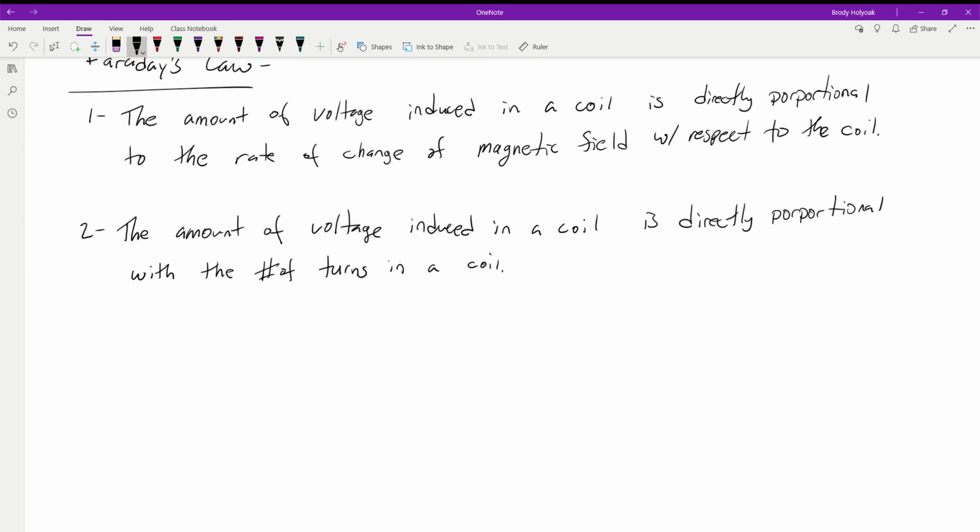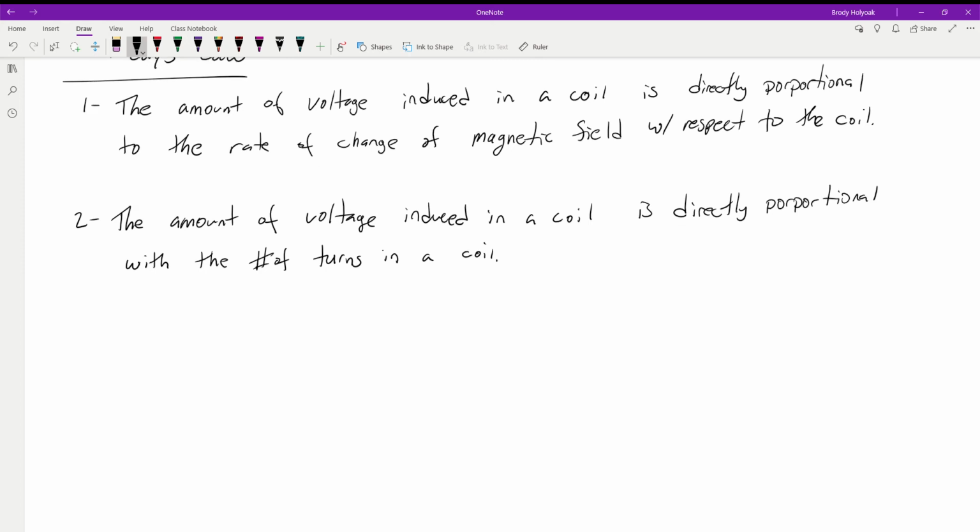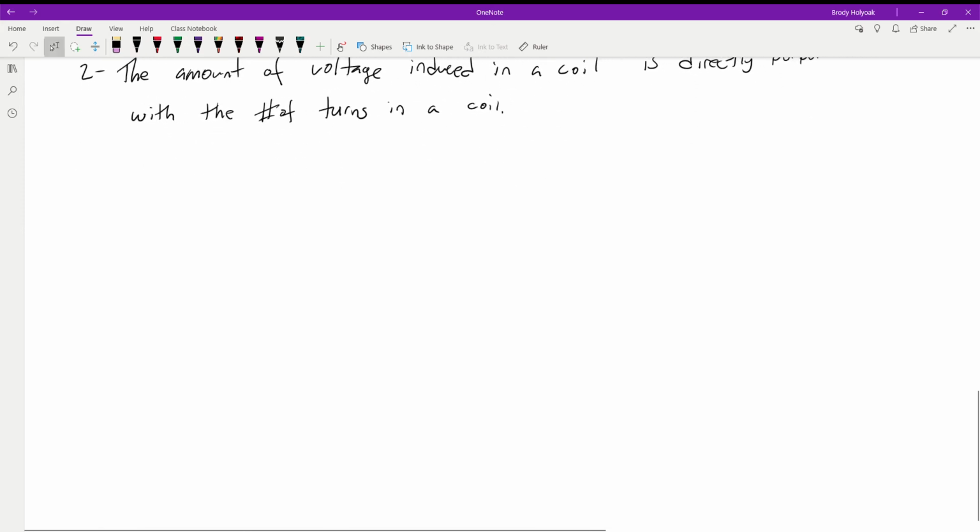This one is directly under our control: the amount of voltage in a coil depends on the number of turns it has. You can even build your own, and if you want a higher voltage out, you just give it more turns, and it works just as well as changing other parameters, and sometimes that's almost easier to do. So we have Faraday's law. We also need to talk about Lenz's law.